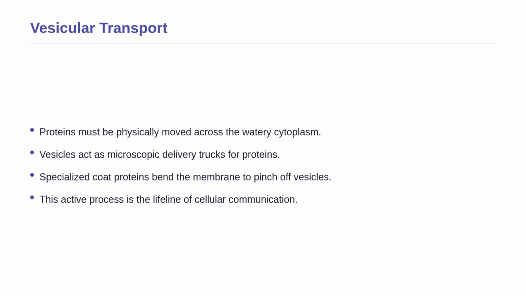So we have successfully targeted the protein to the endoplasmic reticulum. This brings us to the next logistical challenge, moving it to its final destination. The cell cannot just teleport proteins. It uses an active, energy-consuming process called vesicular transport.